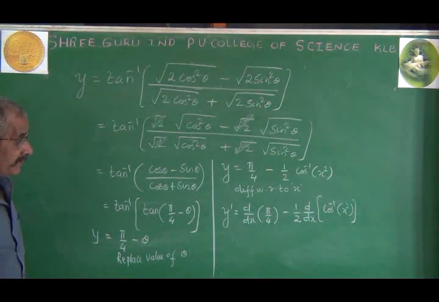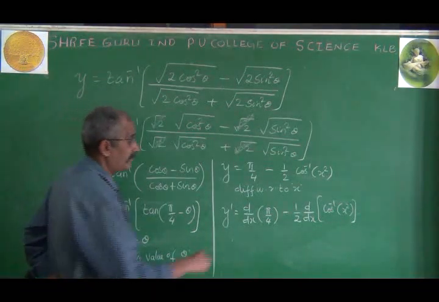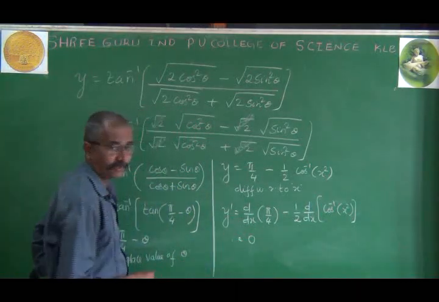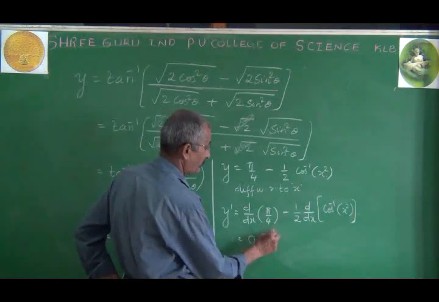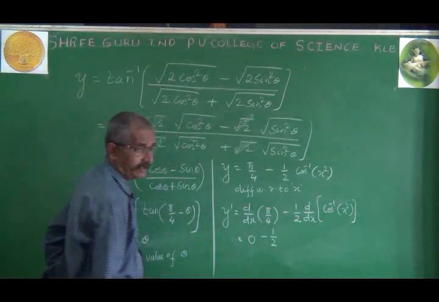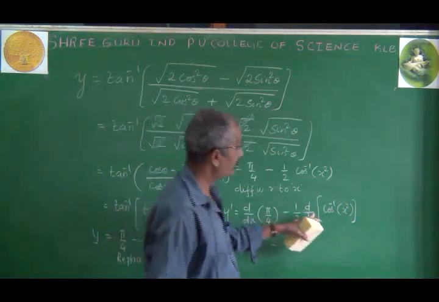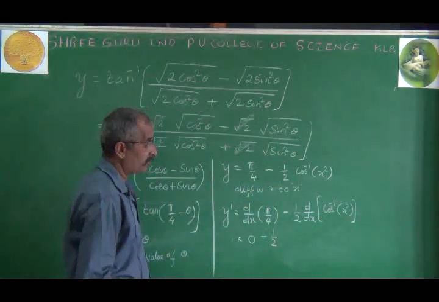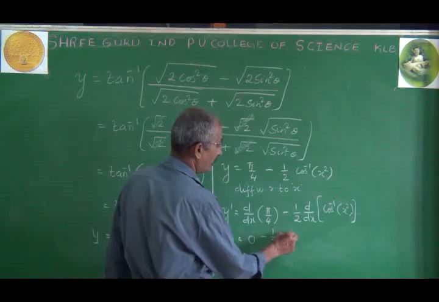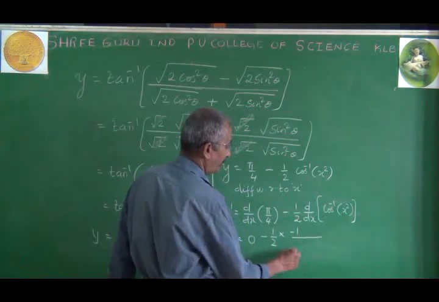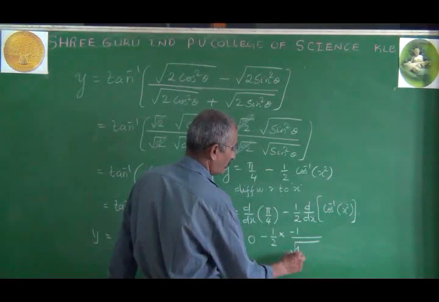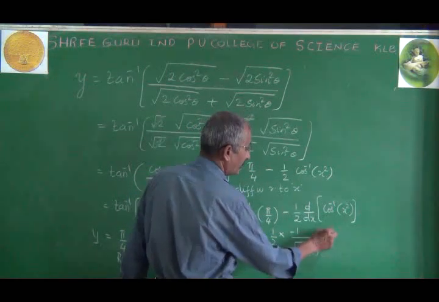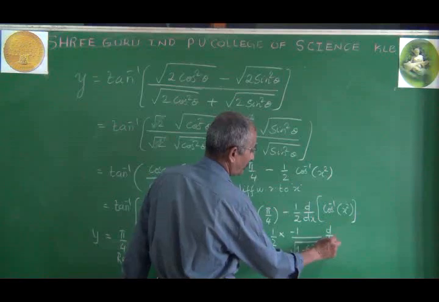It is just like the differentiation of cos inverse of u, minus 1 by root of 1 minus u square into u dash, means minus 1 by root of 1 minus x square whole square into the differentiation of x square.